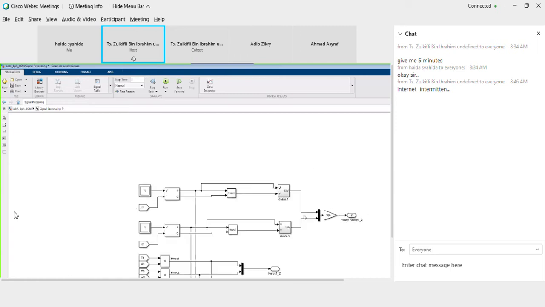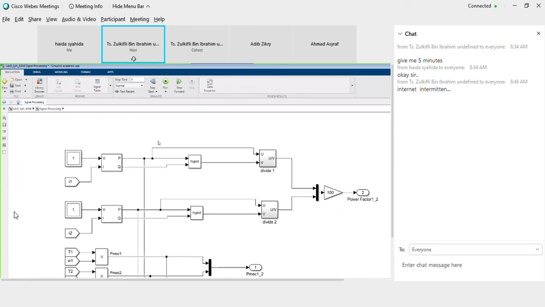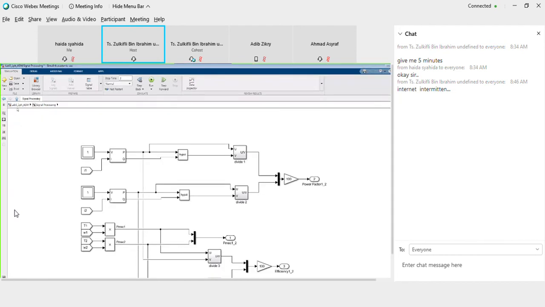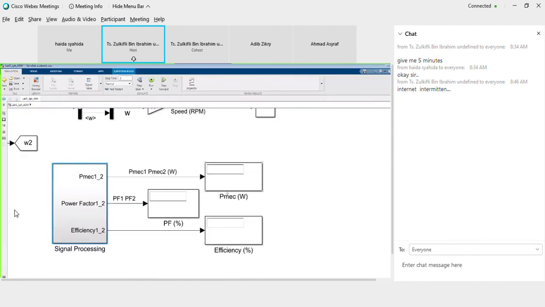So this is all the maths punya blocks, calculation dia kali-kali darab. Dan this is the output. So you have your power mechanical kat sini. Awak ada your power factor kat sini, and you have your efficiency.